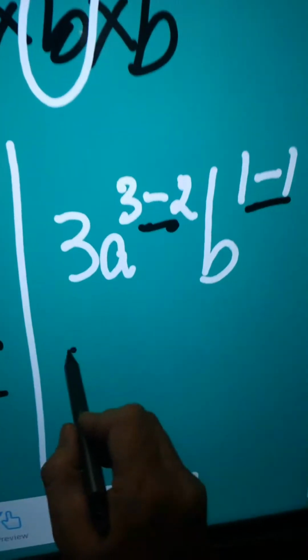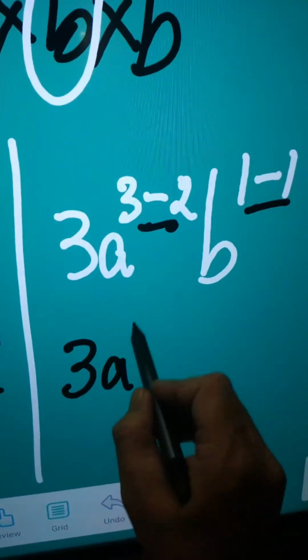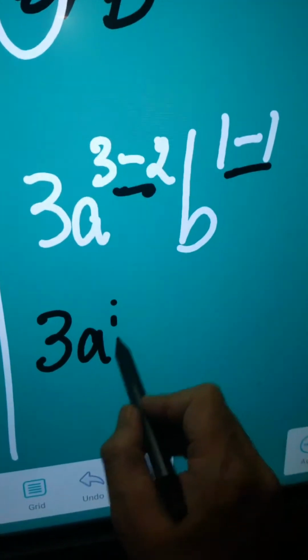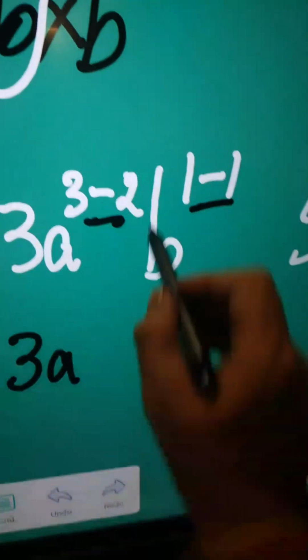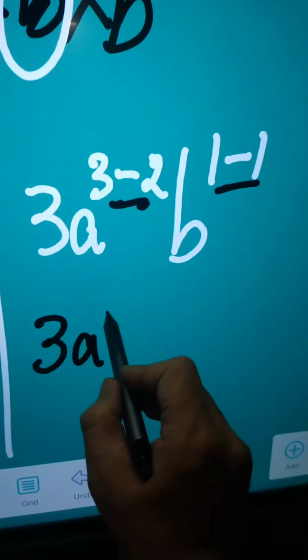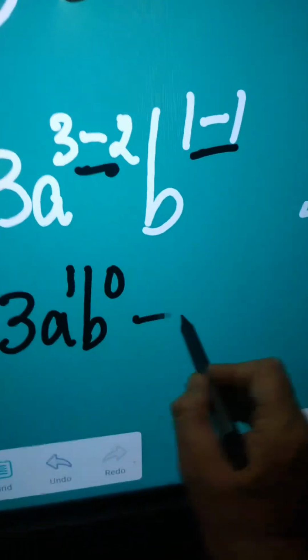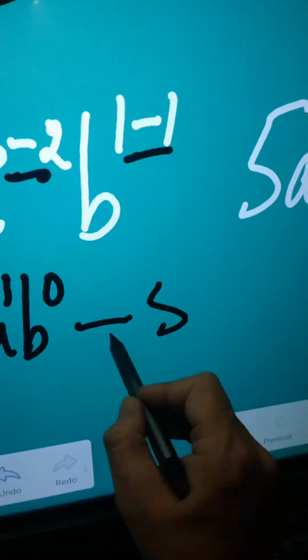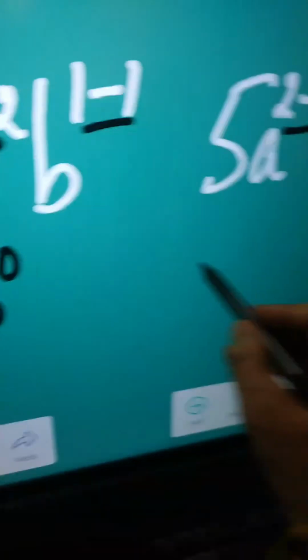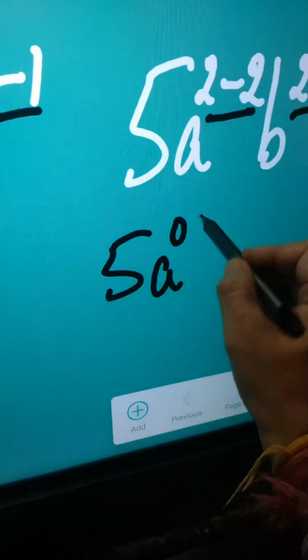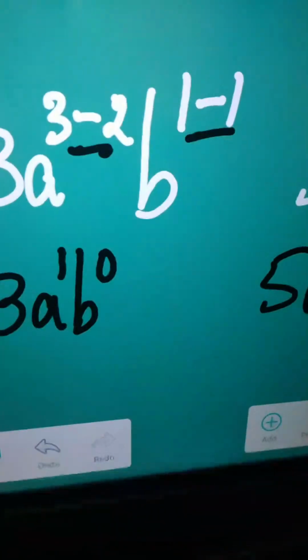Now the answer which comes is 3a; 3 minus 2 will become 1 and b will become 0. So 3 minus 2 is 1, b becomes 0. And this becomes 5, a 2 minus 2 is 0, b becomes 1.